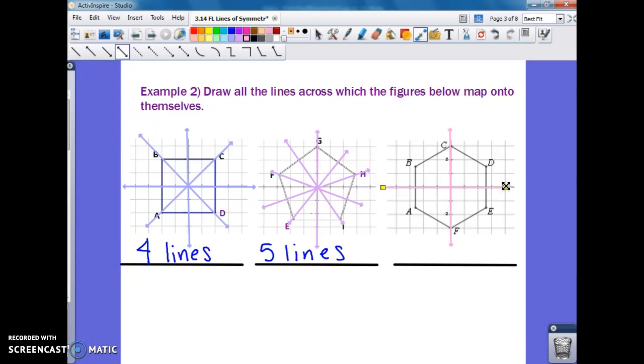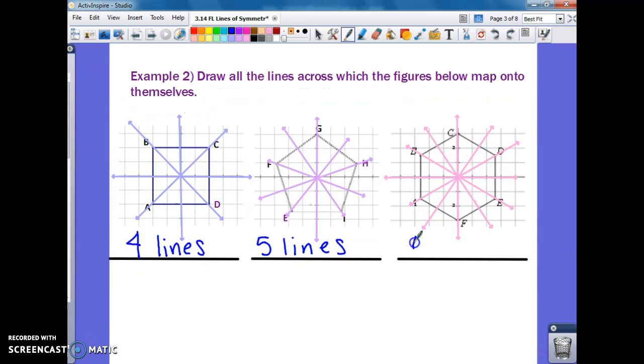But now, if you also look at it, we went from C to F, we can go from B to E, we can also go from A to D, and then we cut the middles of these two sides, and the middles of these two sides, so that gives us 6 lines of symmetry.